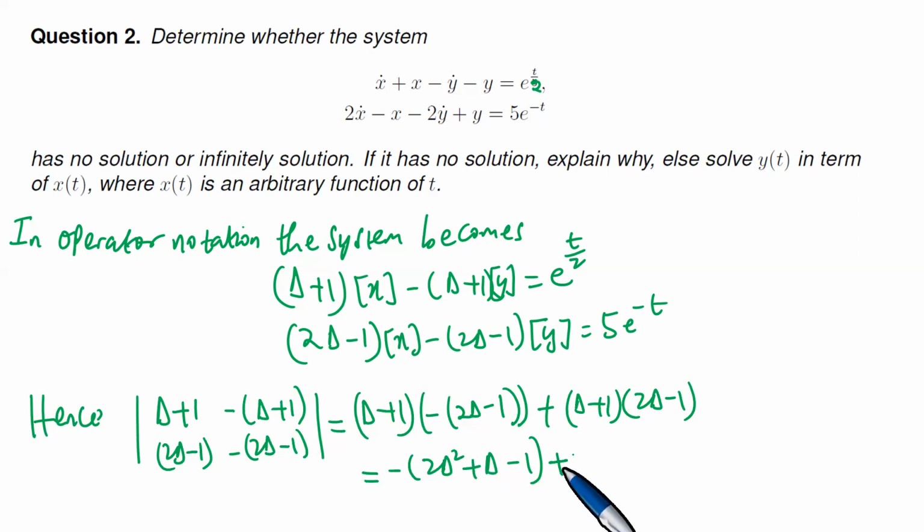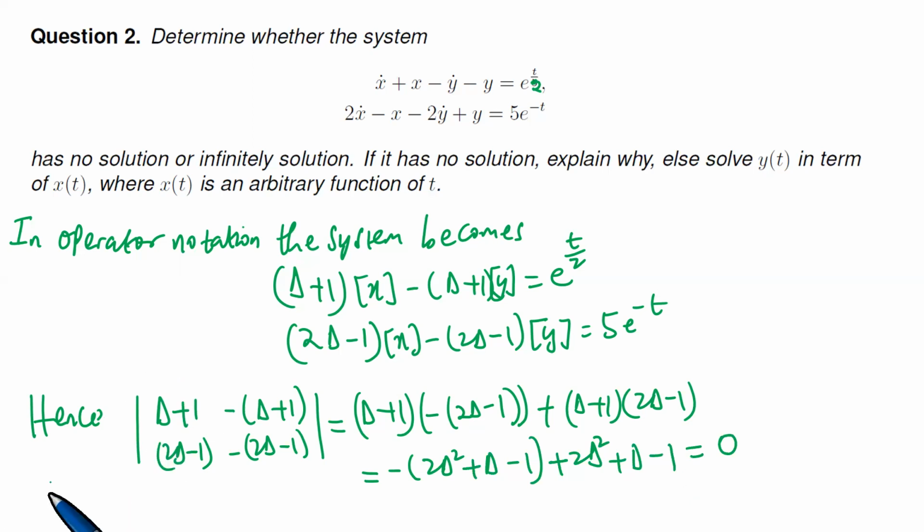And this can multiply straight away. This is actually 2D squared, this is minus D plus 2D, a D minus 1. What is this? The 2D squared cancels out, the minus D cancels out, the 1 cancels out, giving us a 0.